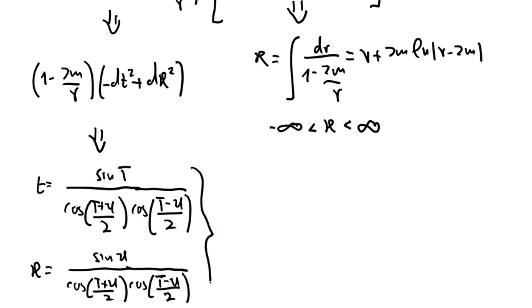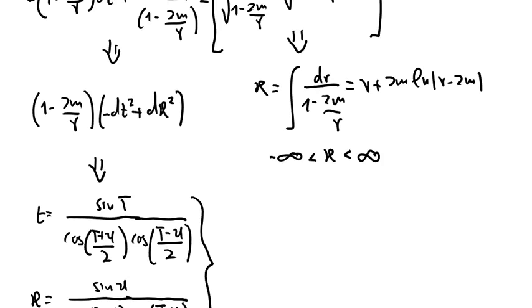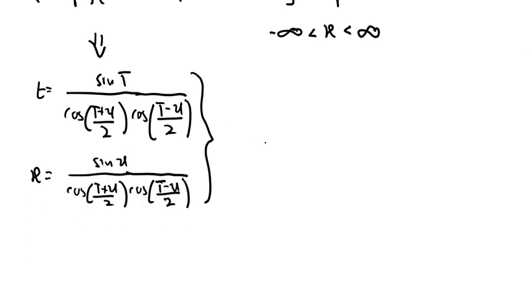And so after doing this transformation, we get the following representation for the Lorentzian part of the metric.